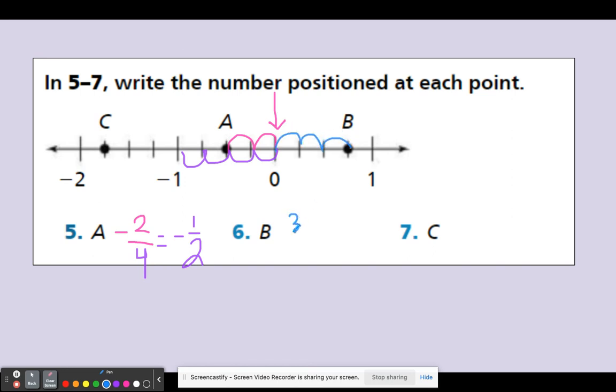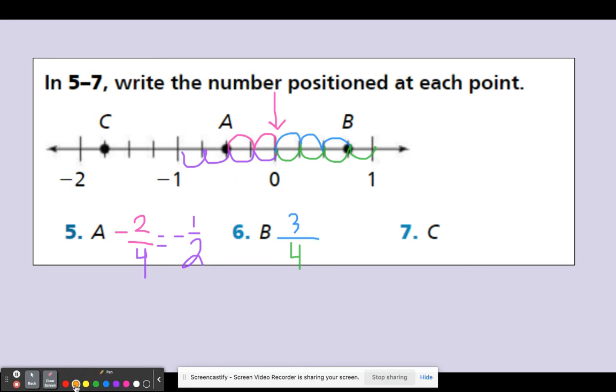So I went forward 3. Out of, figure out how far it is from 0 to your whole number. 1, 2, 3, 4. So that is 3/4. So B is a positive 3/4 because it's 3 out of the 4 spaces.